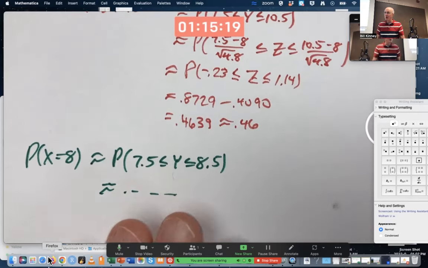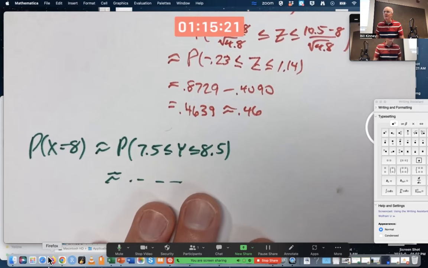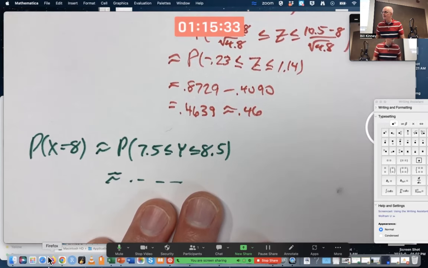So the normal approximation to the binomial was very important to Gauss and his contemporaries 200 years ago. It was important before we had calculators and computers, even 50 years ago.